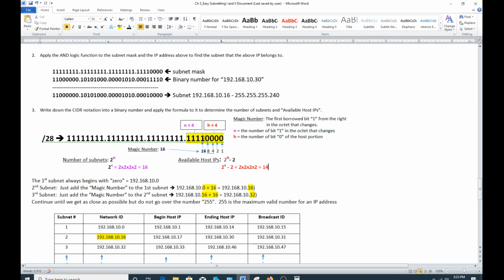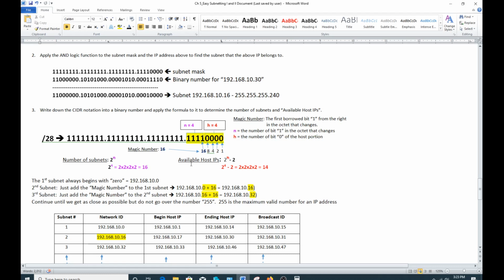So how many 1 bits are right here? 4. So the number of subnets is 2 to the n, which is equal to 16. So this given IP address will have a total of 16 subnets.